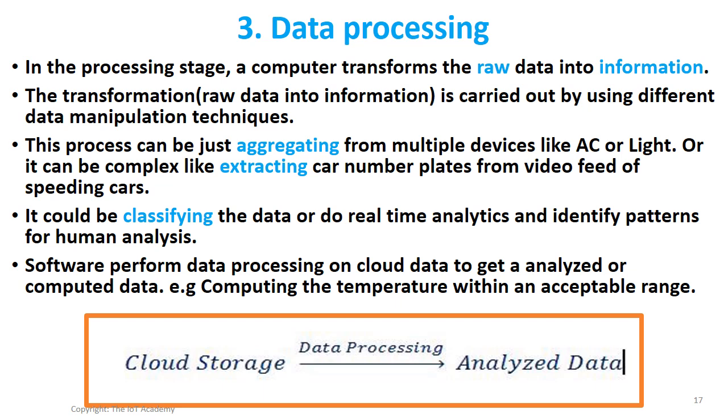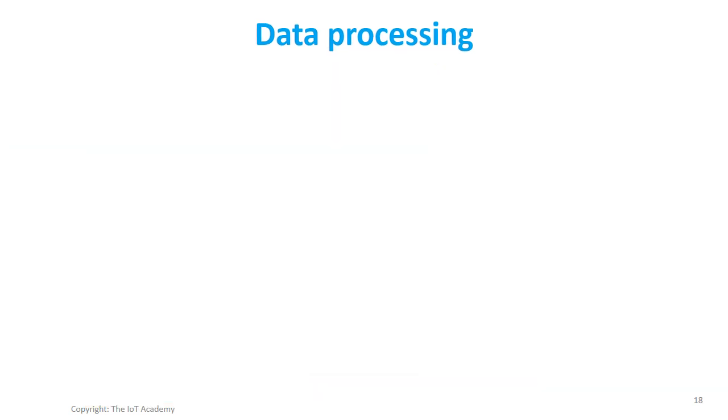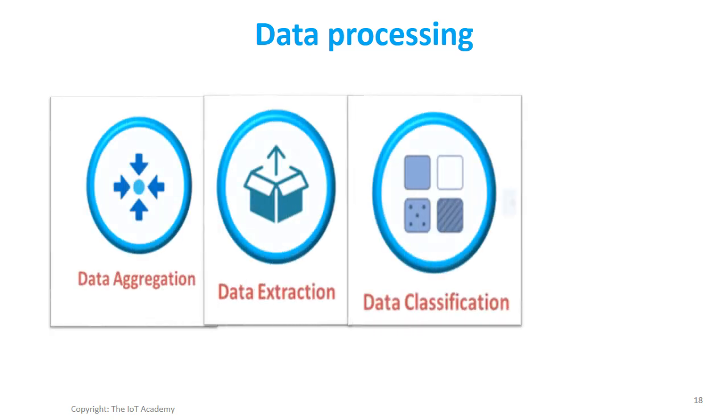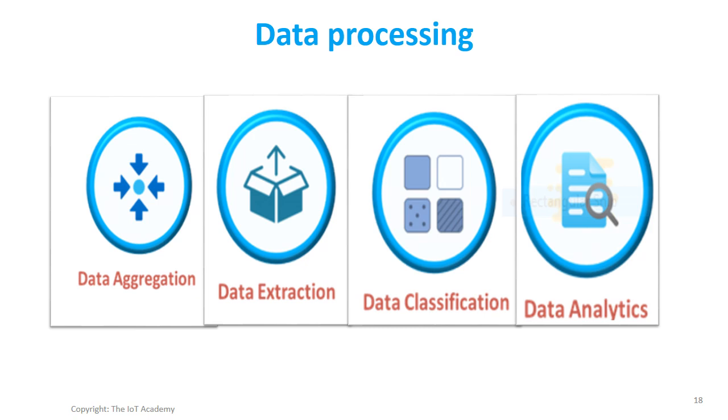There is also classification of the data. We also do some real-time analytics and identify patterns for human analysis. Software performs data processing on the cloud to get analyzed or computed data. So in this stage we perform these operations: data aggregation, data extraction, data classification, and data analytics.